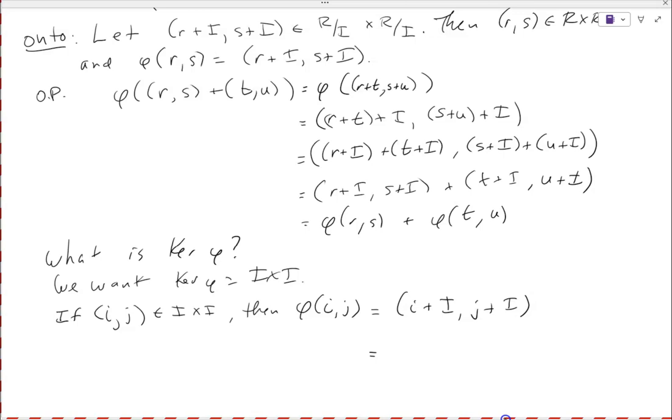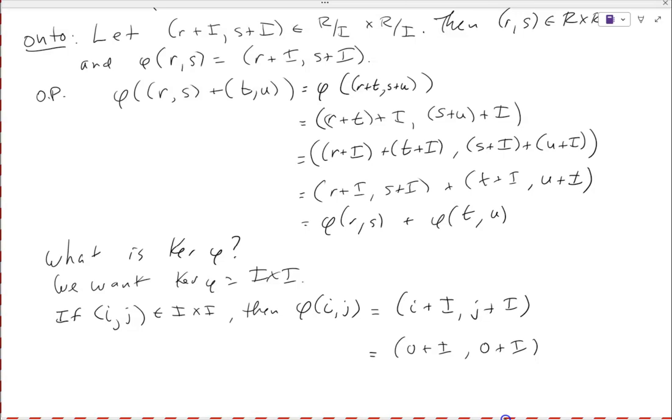When the element is in the ideal, that is the same coset as the ideal itself. Remember that two cosets are the same if the difference of the two elements is in the ideal. That's how we get two cosets are the same, right?